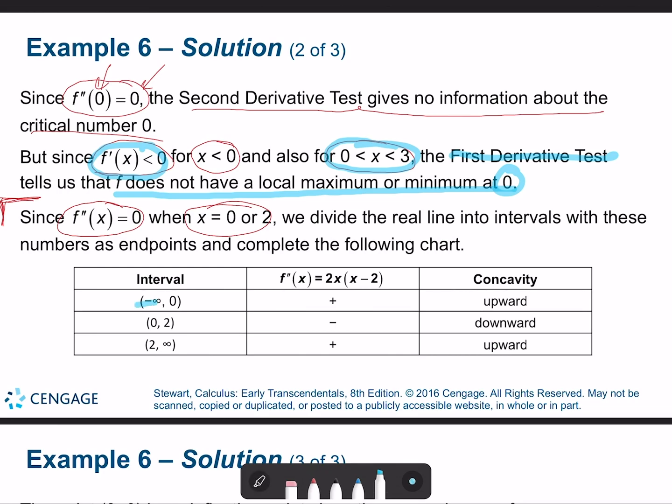So we're looking at everything to the left of 0, between 0 and 2, and to the right of 2. And if we plug some sample values from those intervals into our second derivative, we find out some information about concavity.